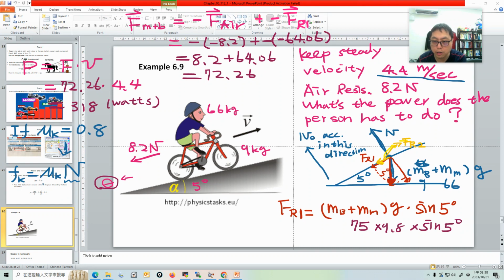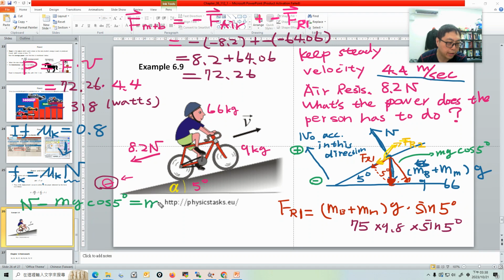So for Newton's second law, we can have the N. If this is positive, this is negative. The normal force, okay, there's a component from the weight, mg cosine 5 degrees, and this direction is negative because we define this direction as negative and this direction as positive. N minus mg cosine 5 degrees, and there's no acceleration in this direction, right?